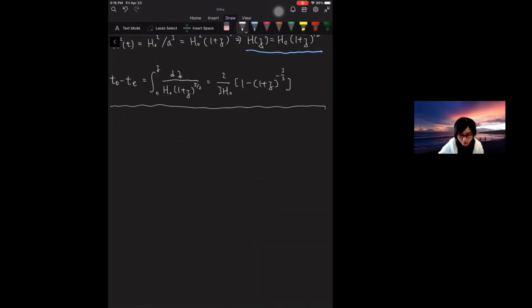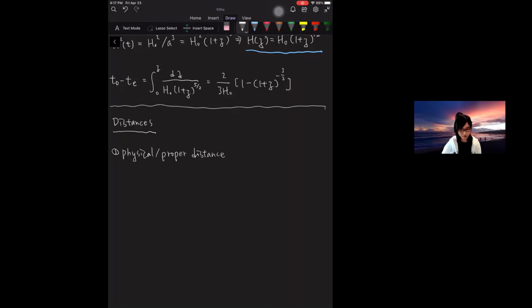If there's no question for now, I will continue on introducing several different kinds of distances that are used in cosmology. The first one I'm going to introduce is the physical distance, or you can call it the proper distance. Physical distance means that we're actually calculating the proper distance when the light was emitted.